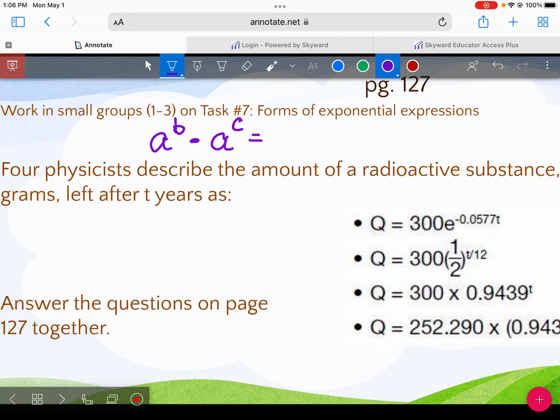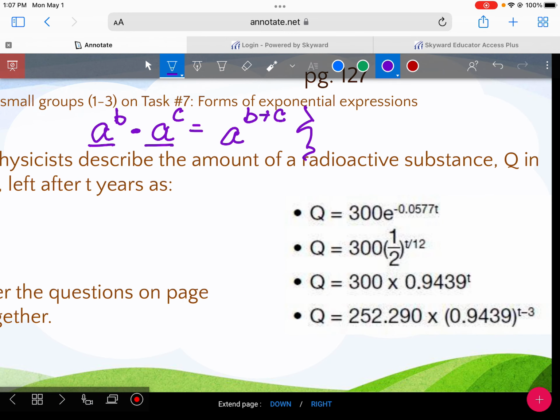You're close. Yes, a to the b plus c power. So when you are multiplying, listen, when you are multiplying 2 powers that have the same base, you keep the base and you add the exponents. Okay? That's one of them that you might use.